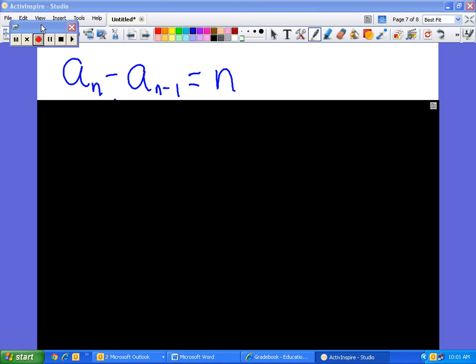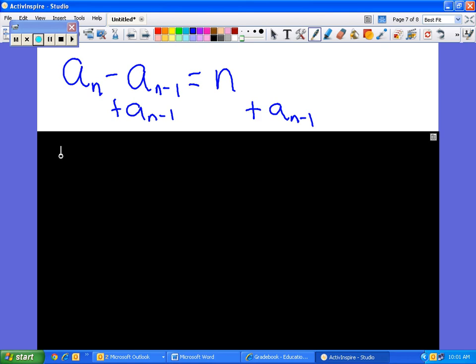So if I have a sub n minus a sub n minus 1, and I want to get a sub n by itself, what do I have to do? That's right. What am I going to add? I'm going to add this, because this is a minus sign. So I'm going to add a sub n minus 1 to both sides of my equation.